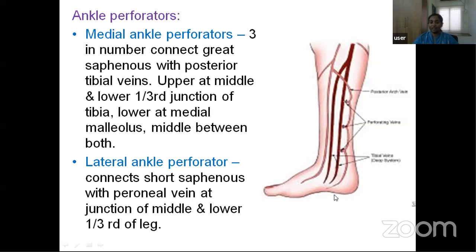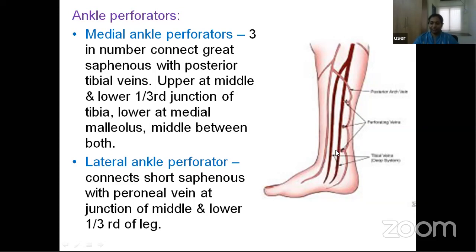The first perforator is present at the junction of the middle and lower 1/3 of the tibia. If you divide the whole leg into upper, middle, and lower parts, at the junction between the middle and the lower part we have the first perforator.